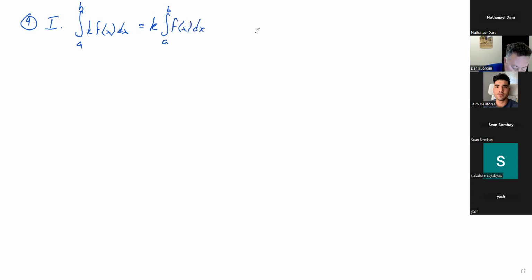So do you think that's true or false? We also know K is a constant. That's true. You can always pull a constant out in front of the integral, but you can't do that with a variable. Okay, so the first one is true.